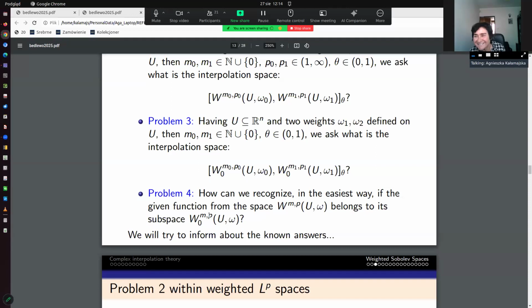Then I will try to answer this question. There's a question, yes? The ambient space that we embed these Banach spaces into. Excuse me? What is the Banach space that we are embedding these spaces into? I would say this is a narrower space than this one, because there's the completion of C0 infinity. Sorry, because these W's should be forming some kind of Banach couple, yeah? Yes, this is a Banach couple, this is one and the other. You ask in what it is embedded.